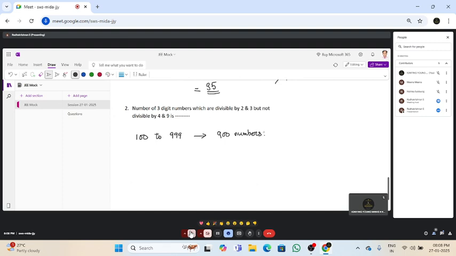Out of those 900 numbers, it's a counting problem. Number of such 3-digit numbers which are divisible by 2 and 3 but not divisible by 4 and 9.